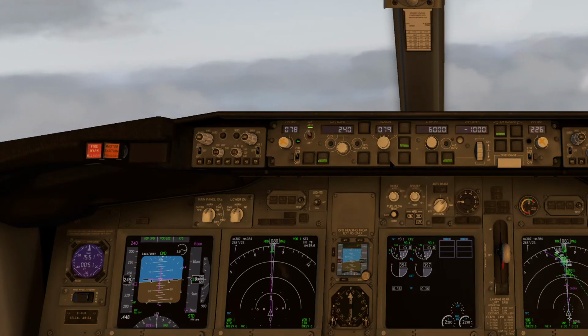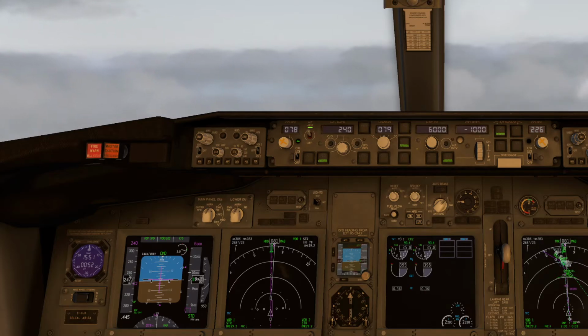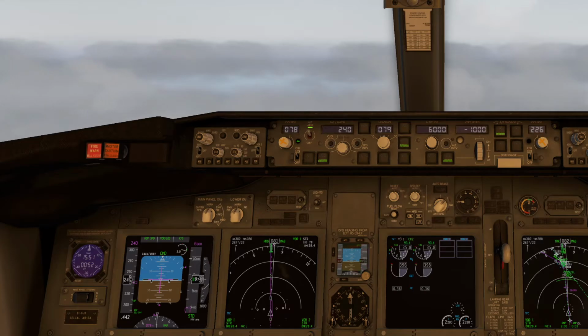Passing flight level 100, 248. Strasbourg 27 nautical miles.